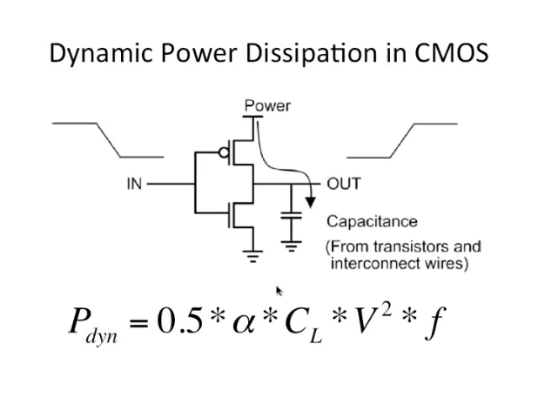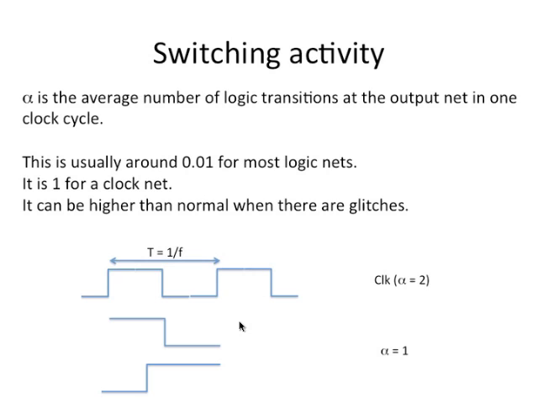Now there is an additional factor alpha here. Okay, so we'll just see what alpha is. Alpha basically captures the switching activity, because not every time the node or the net might switch. So alpha captures the average number of logic transitions in a given cycle.